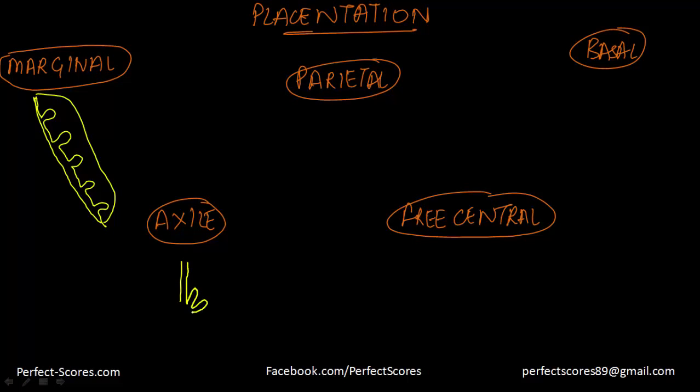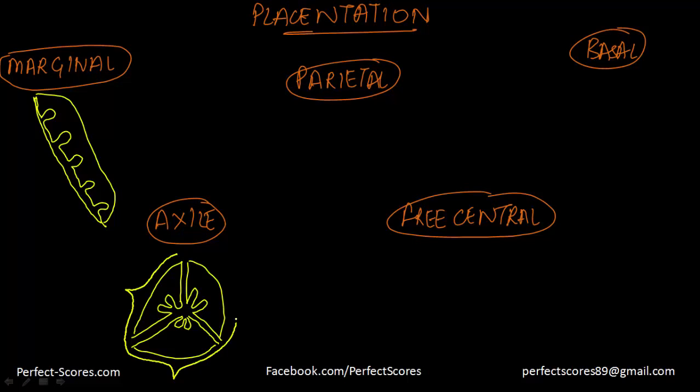These are the ovules. Two ovules here and two ovules here. And this is the structure. It's a bad diagram, but I hope you're getting the point. It's supposed to be round. So like this. This becomes just like the axle of a car.